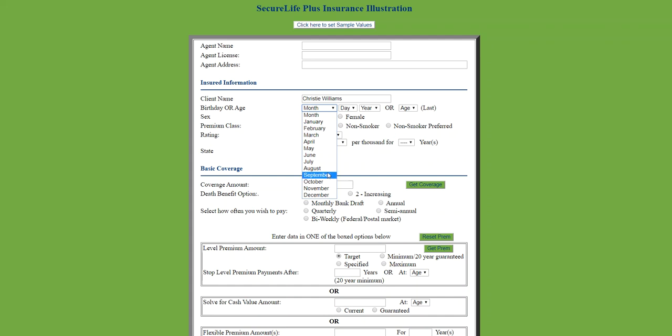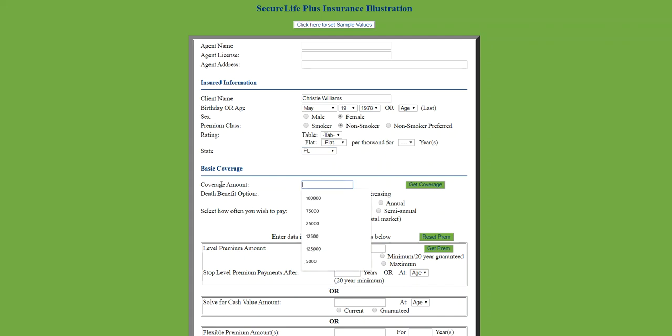So let's say that this customer was born May 5th, 1978. Female, non-smoker. This time we're going to pick the state of Florida. The lady asked a couple of questions.